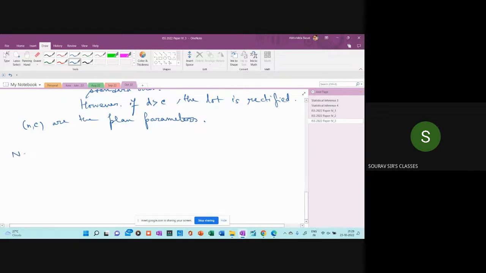From capital N items, a small n items random sample has been chosen. Then it has been inspected.